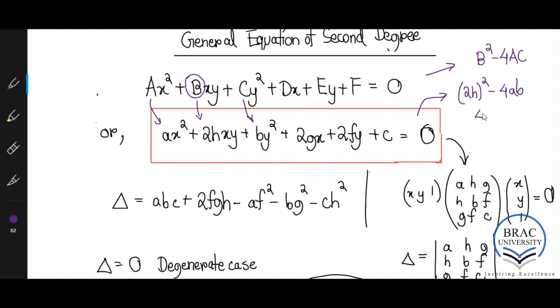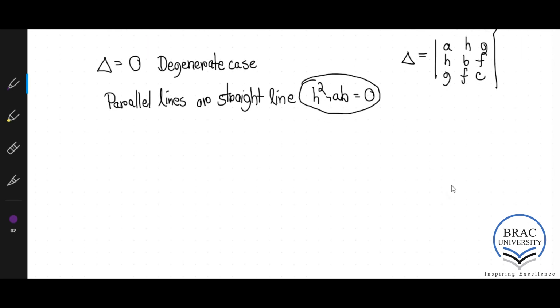So we have 4h squared minus 4ab, and the constant can be kept outside, and you have this form. We can then basically ignore this constant by dividing it to the right hand side. If it's equal to 0, of course, this is gone. And so that discriminant basically gives us this condition.